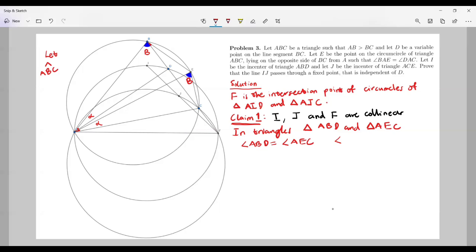We have that BAE is equal to DAC by definition.